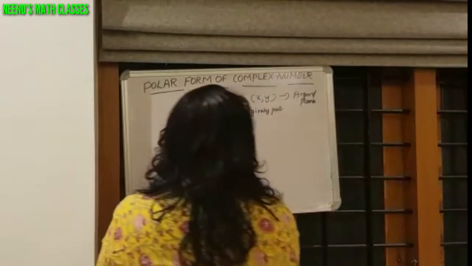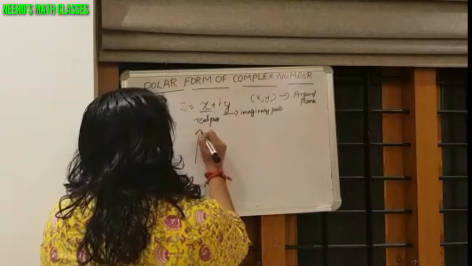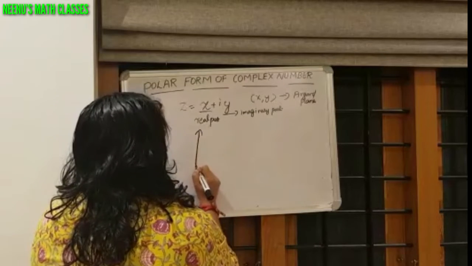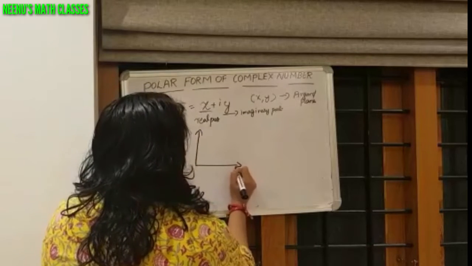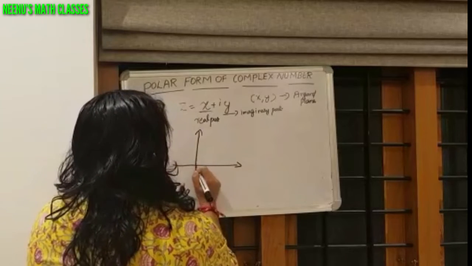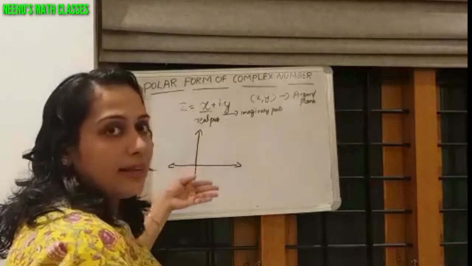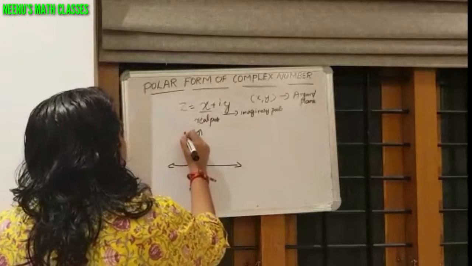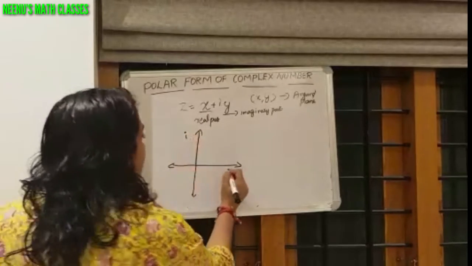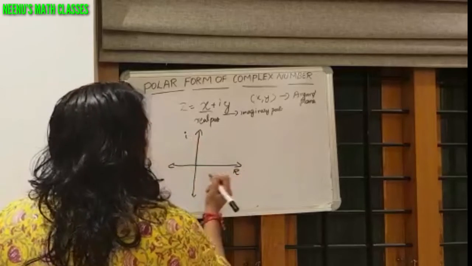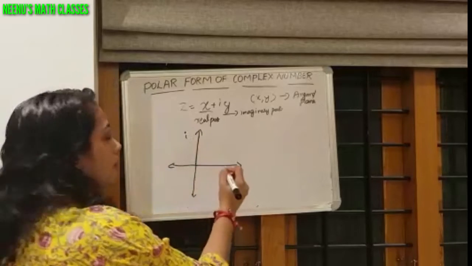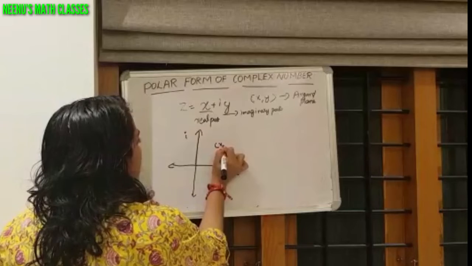I am drawing a horizontal axis and a vertical axis. This vertical axis is the imaginary axis, and this is the real axis. I am plotting this coordinate here, x comma y.